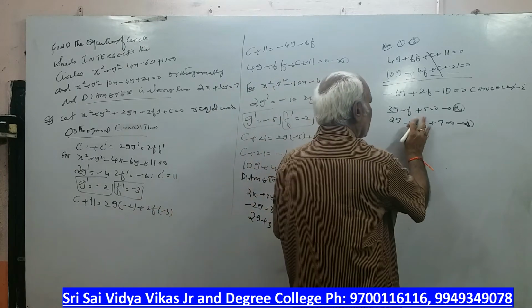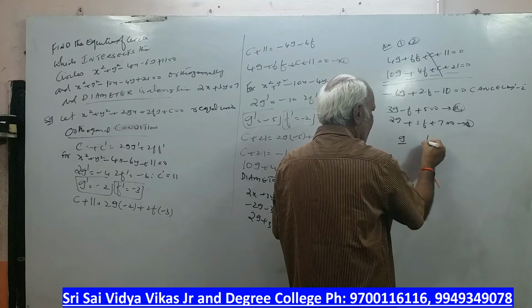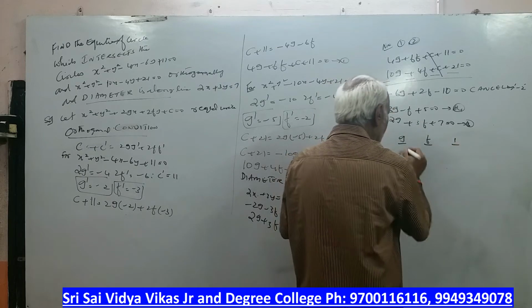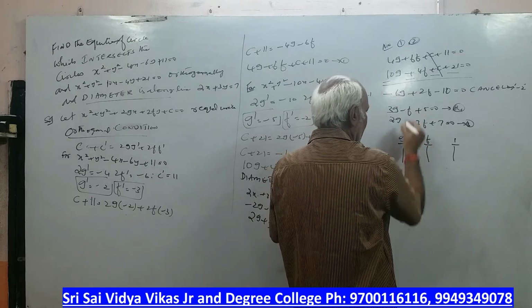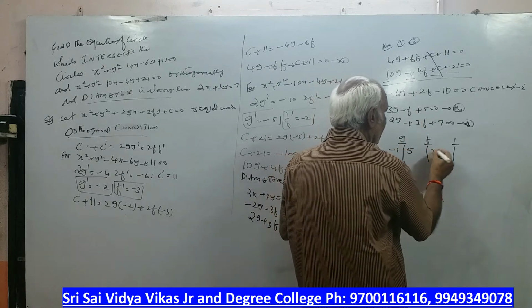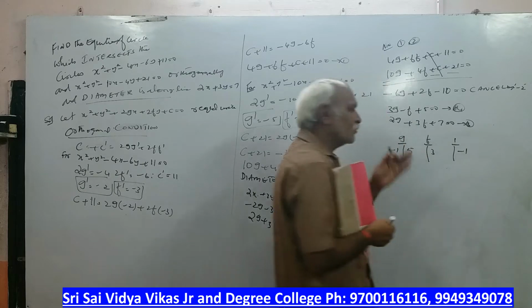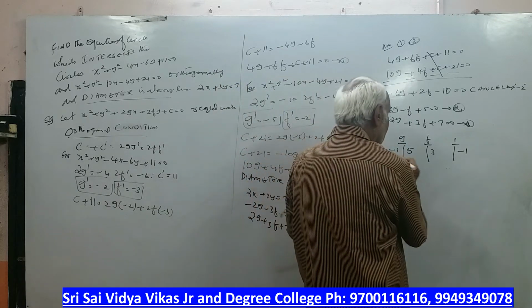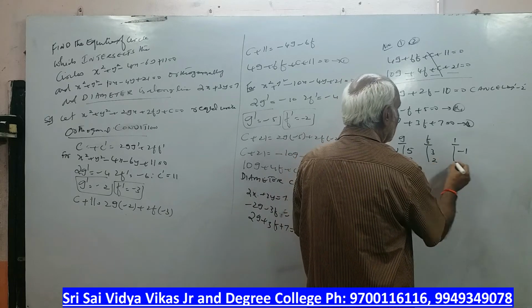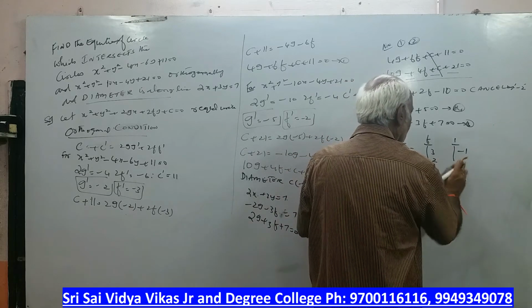Right? Now solve again by the cross multiplication method. g, f, 1. Put a line, put a line, put a line. Start from the f: minus 1, 5, 3, minus 1, 3, 7, 2, 2, 3.